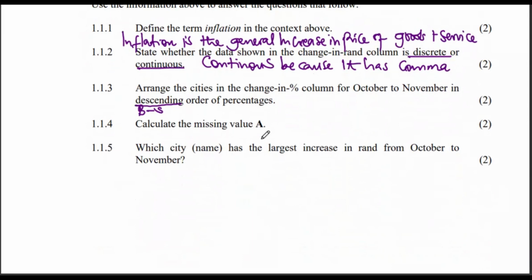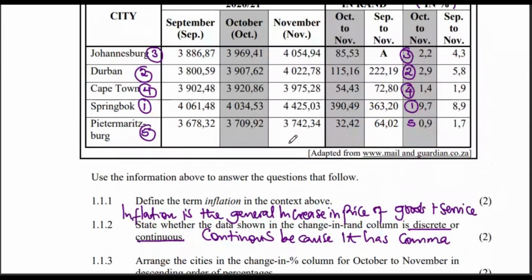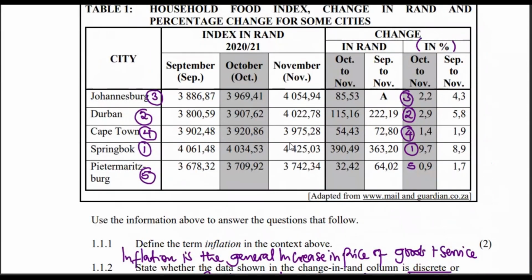Calculate the value of the missing value A. We come here and check the value of A. It's September to November, which will be this minus that.